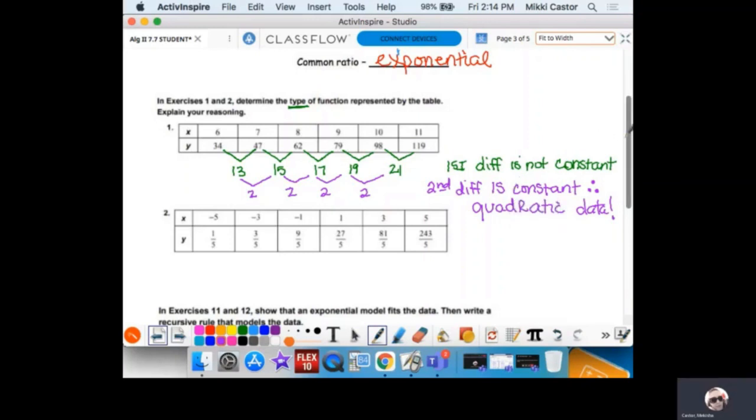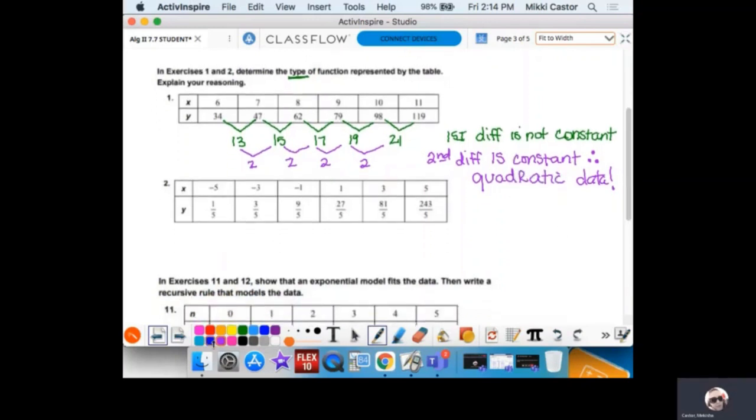Then try to find for me the first and second differences on number 2. Or the first difference, and if it's good, then you can stop. How do we put a fraction in the calculator? I'm totally fine with you doing that, but they all have a common denominator, so that makes it a little nicer. Alpha y equals will get you a fraction. But you can notice 1/5 to 3/5.